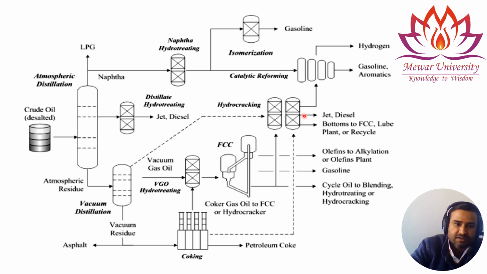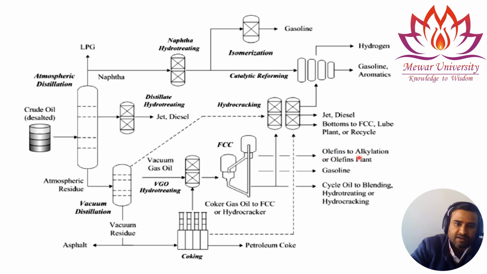Out of this hydrocracking process we are improving the quality of jet, diesel, and bottoms to the FCC, lube plant, or recycle. This is the FCC, that is the fluid catalytic cracking unit. From vacuum gas oil, this is further improving the properties of the petroleum product.